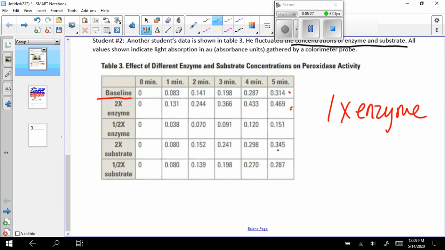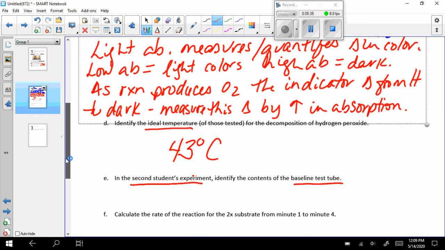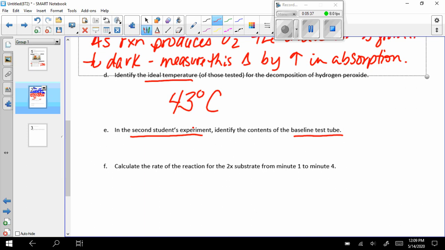So I'm just seeing if it's a value in between the two, and it is. So that means I have 1 times the substrate in my baseline. So the baseline's like the normal. So 1 times the enzyme and 1 times the substrate. That would be my control, and that's how I will be able to judge how the difference is based on 2 times or a half of enzyme or substrate.